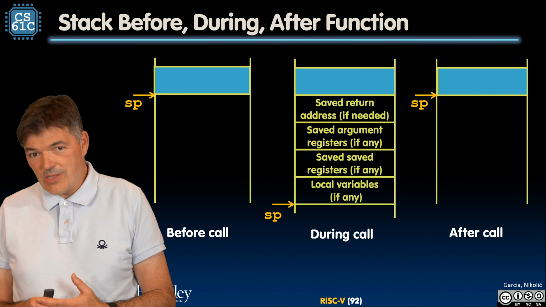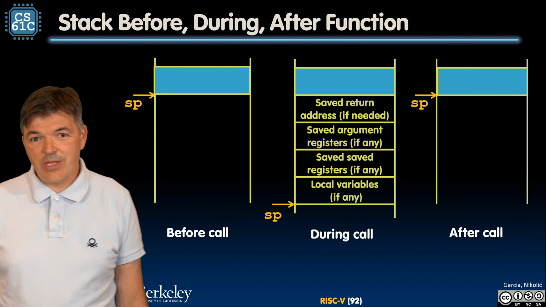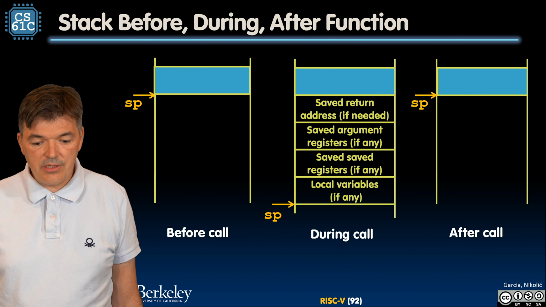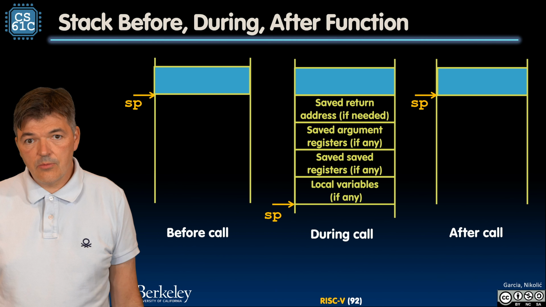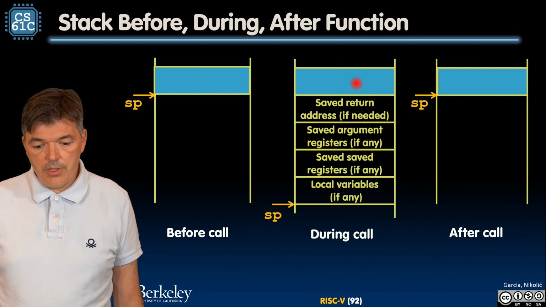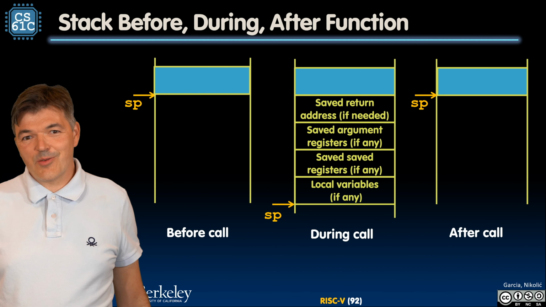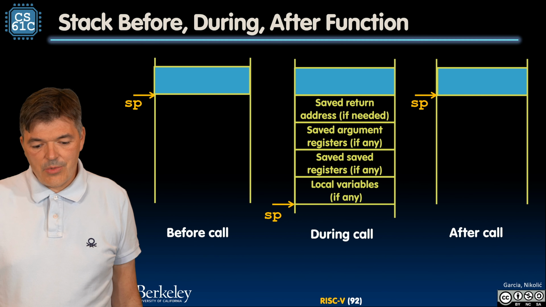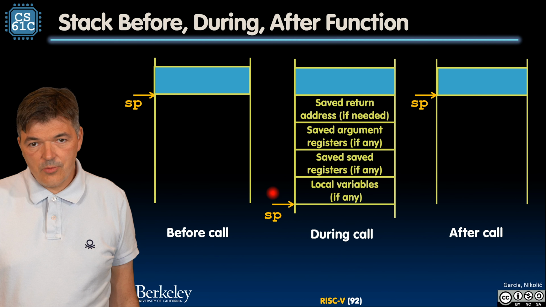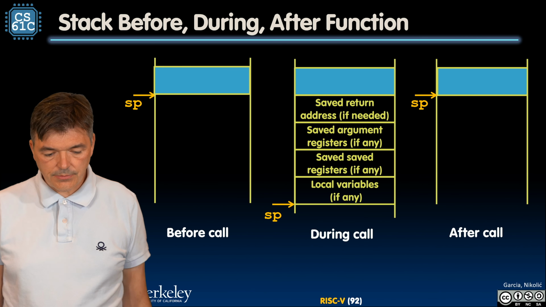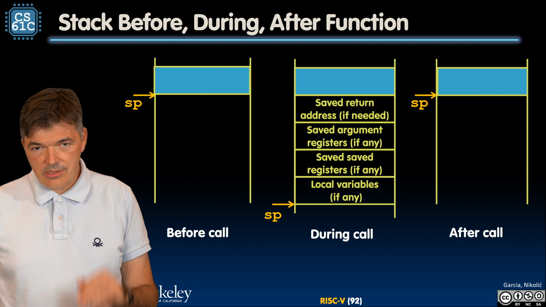And that piece can be fairly large if you're working with matrices or some large chunks of data. When we're done with the call, we clean up by incrementing the stack back to the starting position. Remember, the stack decrements when we add a frame to it and increments when we remove the frame. Don't mix this up.